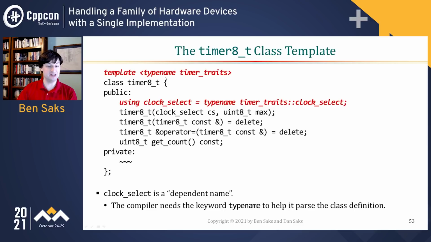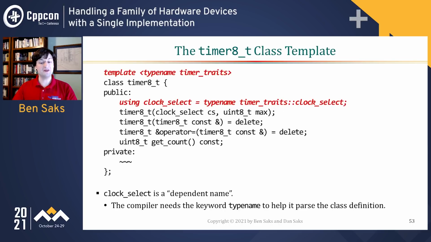Timer traits is a template type argument here. Clock select is a member of that type. That makes it what we call a dependent name. What the clock select is depends on what argument gets passed in for timer traits.